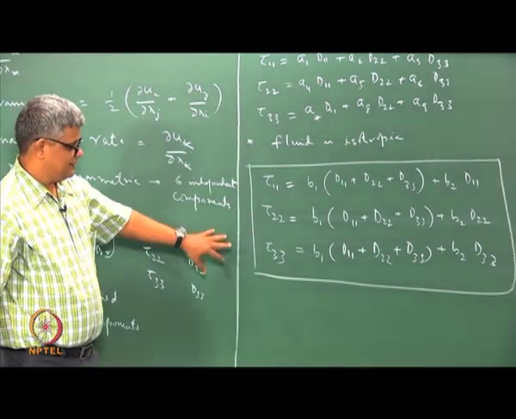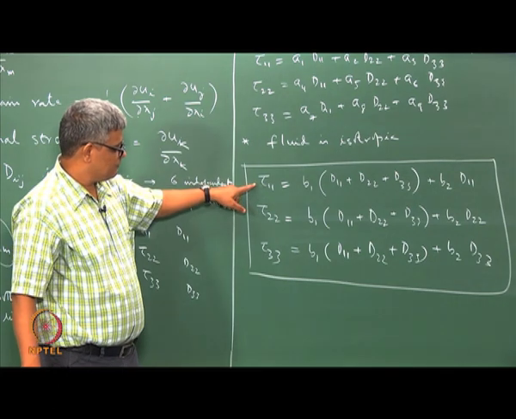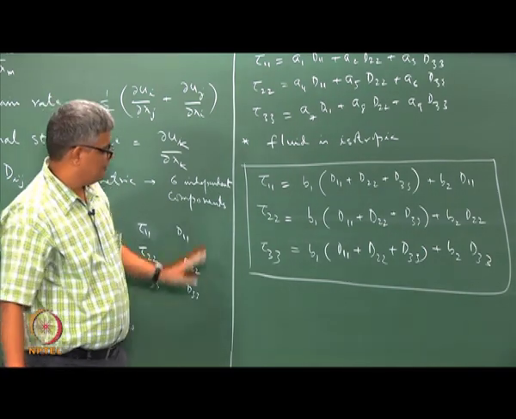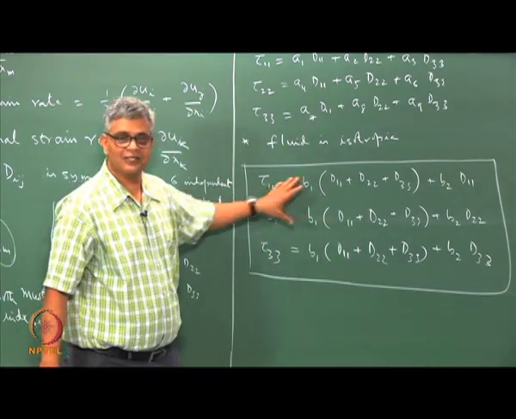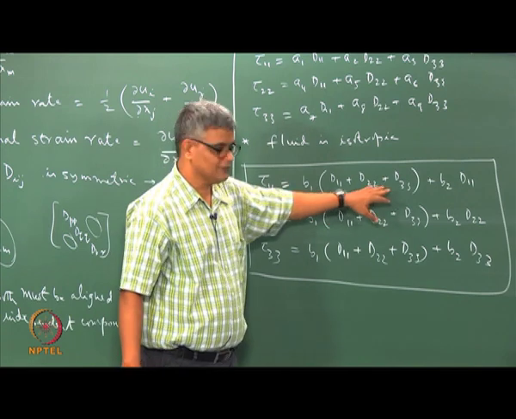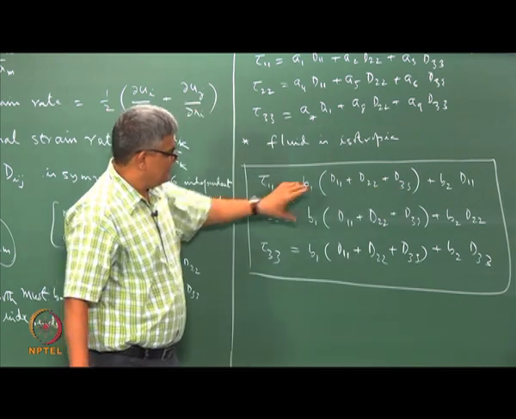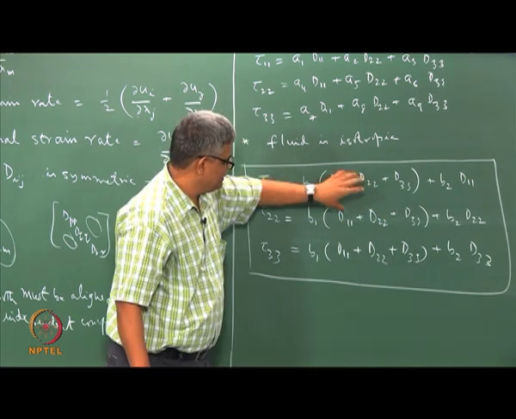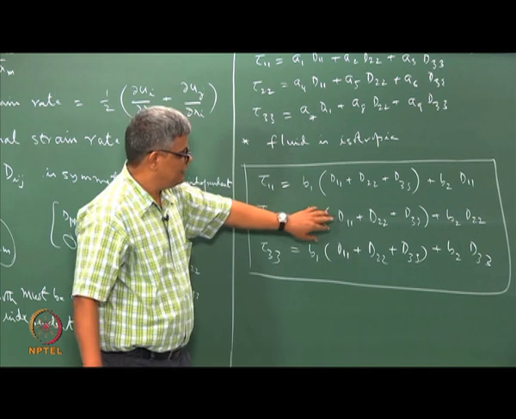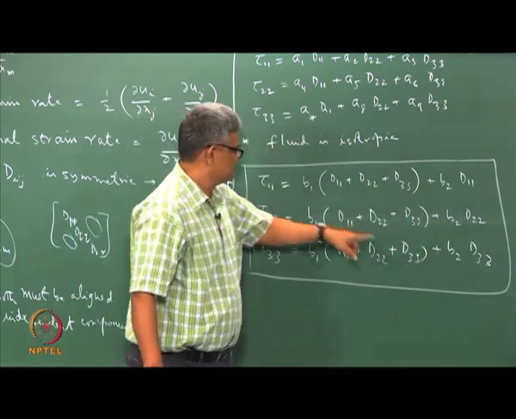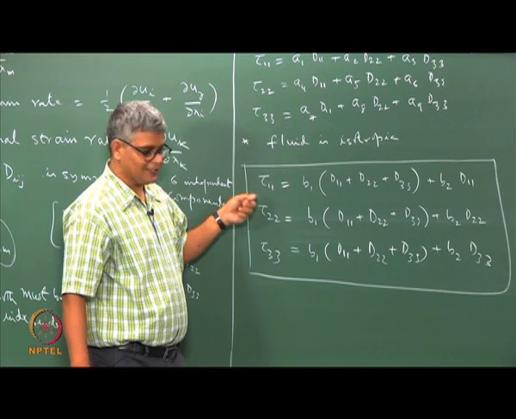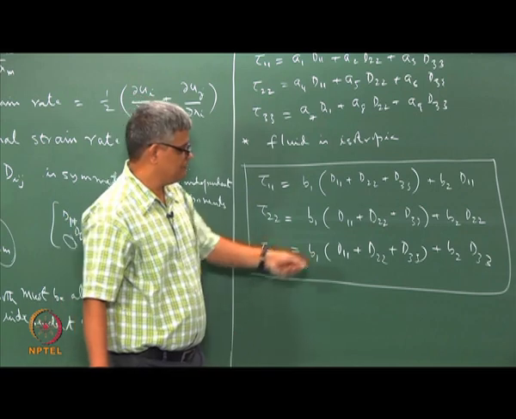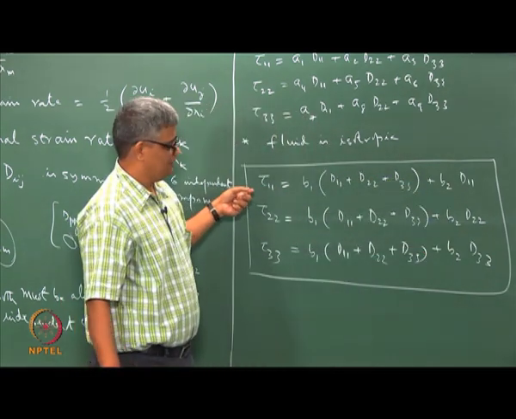In this relation, it is possible for tau 11, tau 22 and tau 33 to be different, because although they are related to the same set of variables on the right hand side, D11, D22, D33, even though for a given set of values of D11, D22 and D33 this contribution is the same, there is also a contribution coming from this. So these 3 stresses will be equal only if these 3 are equal. If these 3 are different, then you can have different stresses.